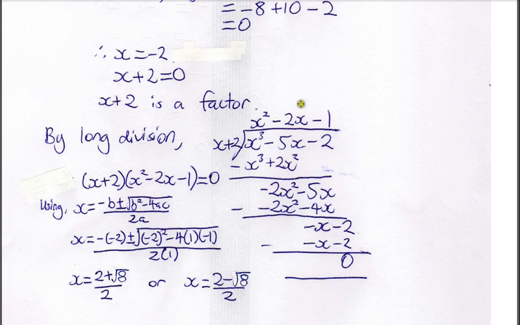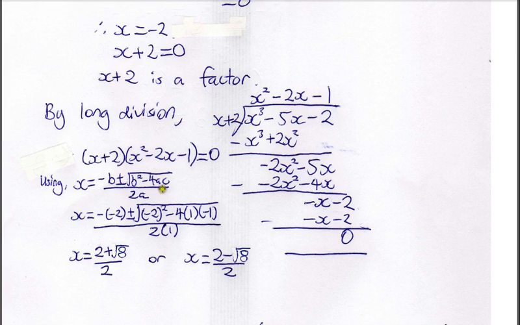Applying long division for the polynomial, we obtain x plus 2 multiplied by x squared minus 2x minus 1, which is the quotient, equal to 0. However, we couldn't simplify this x squared minus 2x minus 1 by factorization, so we have to use the quadratic formula.